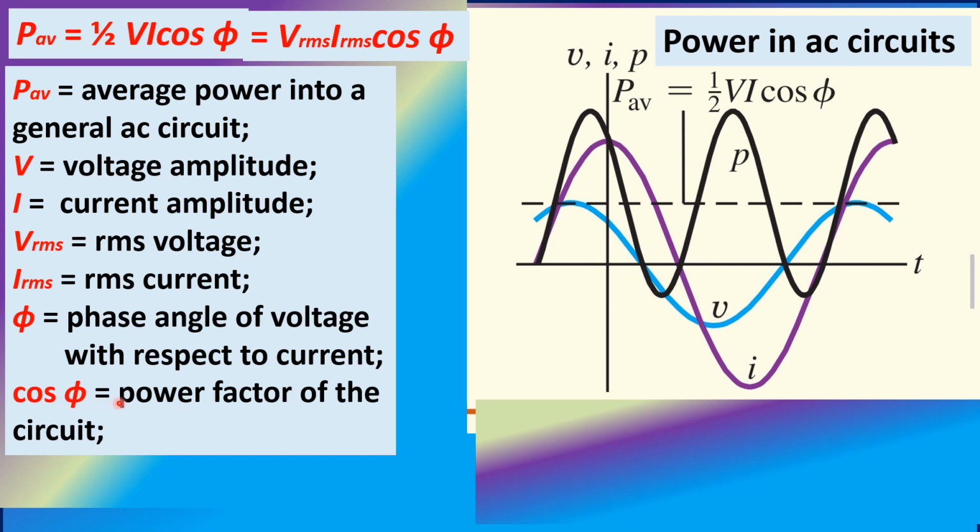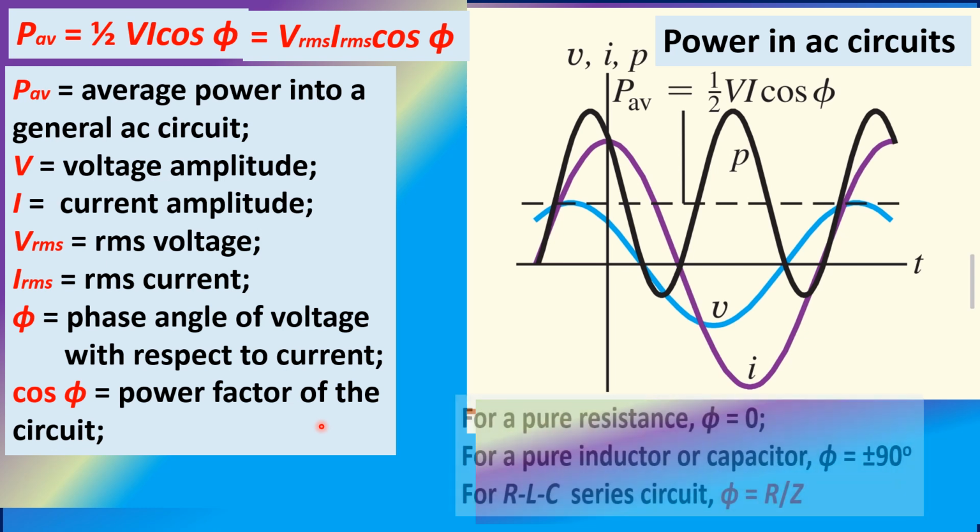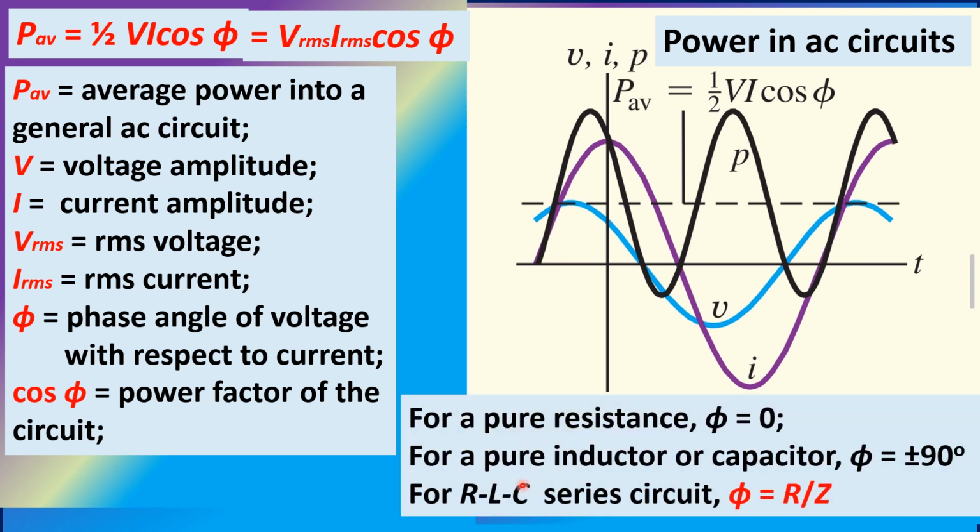The cosine of the angle phi is given the name power factor of the circuit. It is a pure number, and there are three cases. When you are talking about a pure resistance where the angle phi is equal to 0, the cosine of 0, as we know, is equal to 1.